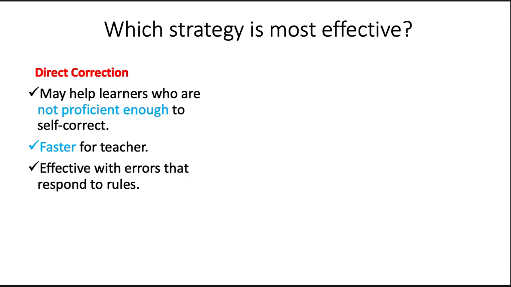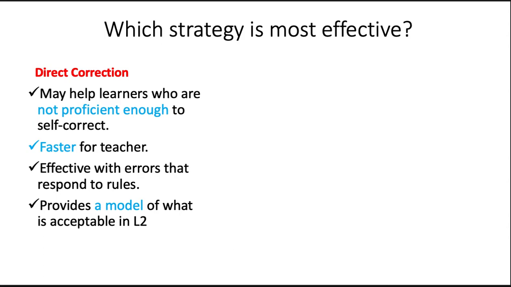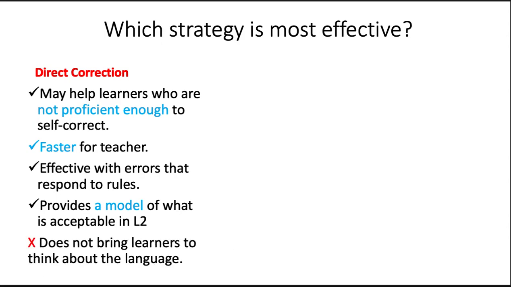Direct correction is really effective with errors that respond to rules. We know that a lot of forms in English have exceptions, and it provides a model of what's acceptable in L2. The biggest argument against direct correction is that it doesn't allow the learners to think about the language, to really get them to question, why is this a mistake?